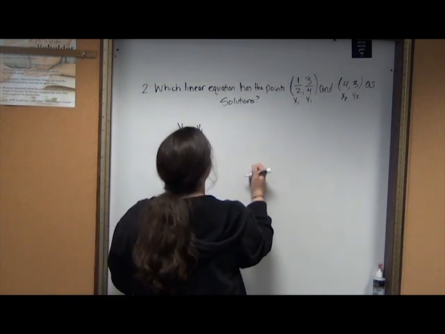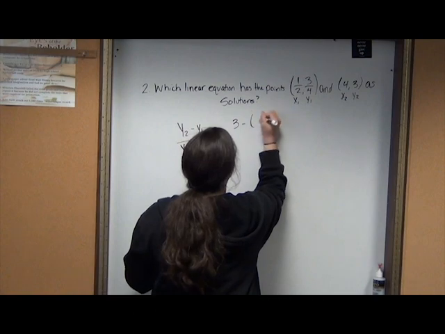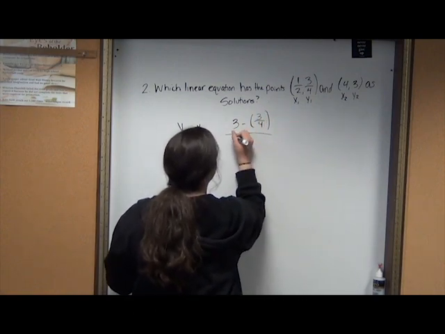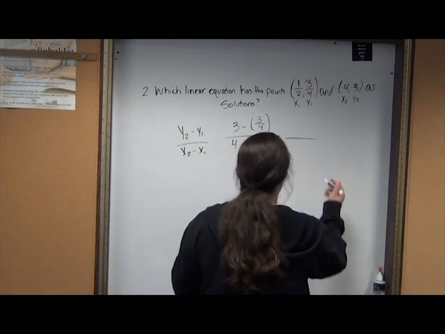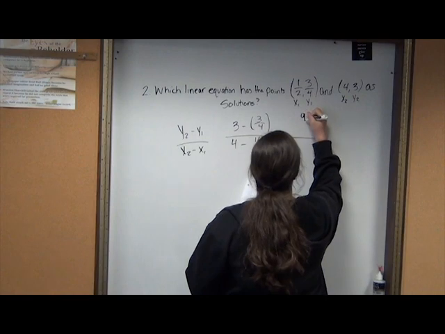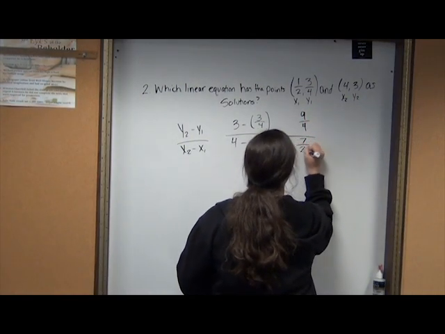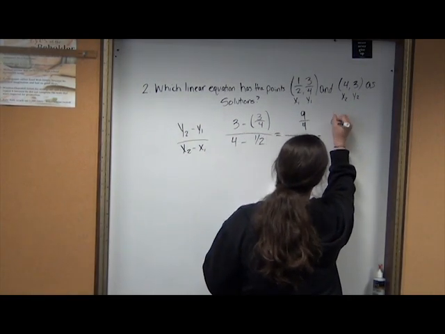So in this case, you'll do 3 minus 3 over 4 over 4 minus 1 over 2, which gives you 9 over 4 over 7 over 2, and then that further reduces down to 9 over 14.